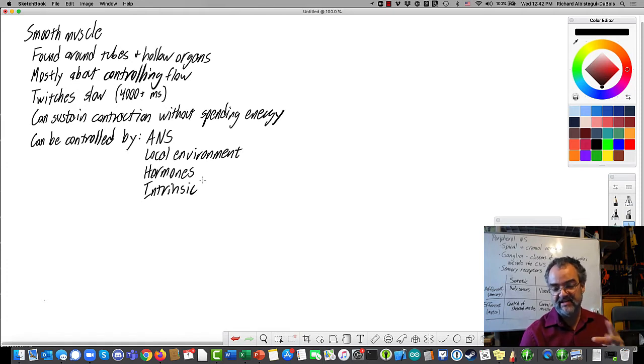It has specialized cells that give the signal to contract from within the muscle itself. You see that a lot in the digestive tract. We'll talk about that a little bit today and more in the digestive tract when we get there toward the end of the class.